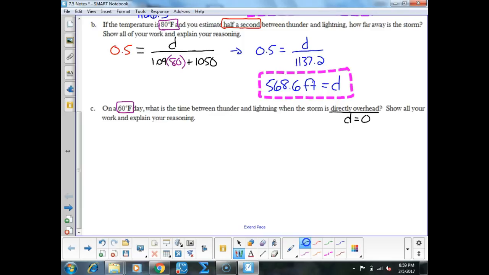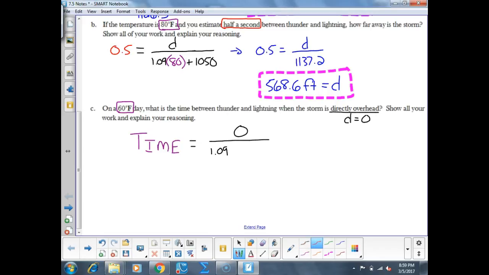So time equals 0 over 1.09 times 60 plus 1050.